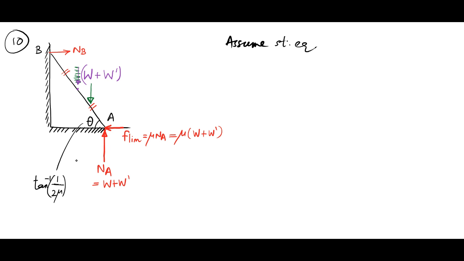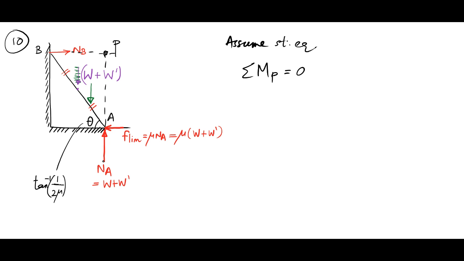At this phase I do not want NA and NB to play any major role. So what I do is I just extend them. So these are the lines of action, and this is some point, I'll call it P, and I'll take the moments about P, because the total moment about P must be equal to 0. I know that the moment about any point is 0, but particularly about P, NA and NB don't play any role.